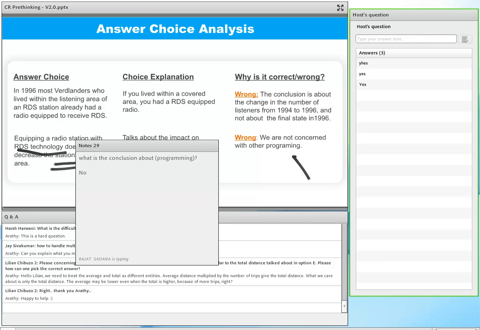Now, what is the range? What is that range? 0, right?